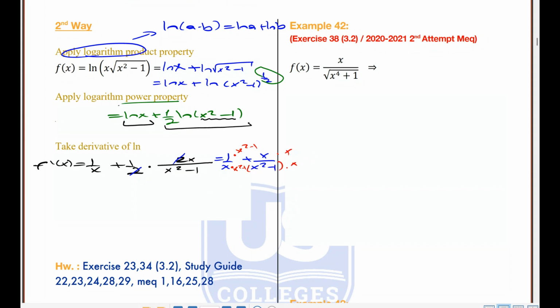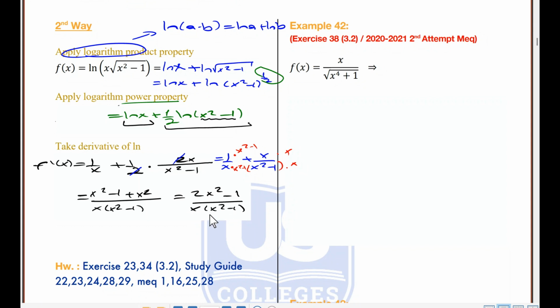So it equals x squared minus 1 plus x squared, divided by the common denominator, x times x squared minus 1, which gives us 2x squared minus 1 over x times x squared minus 1.